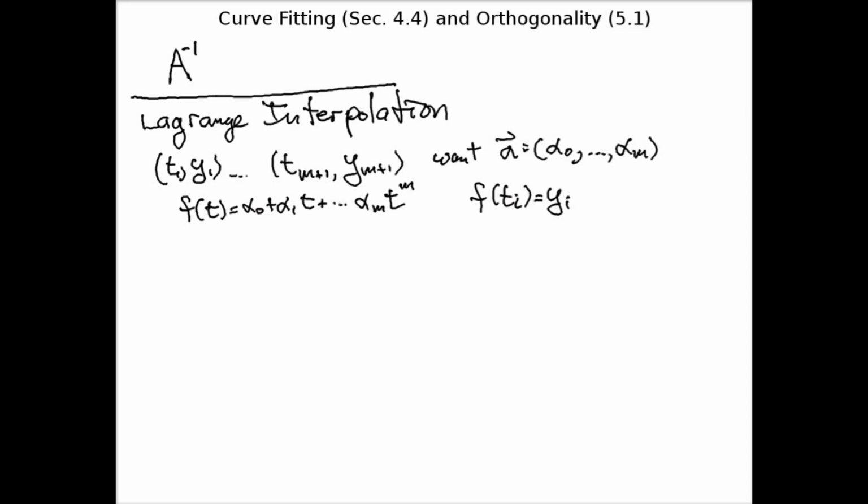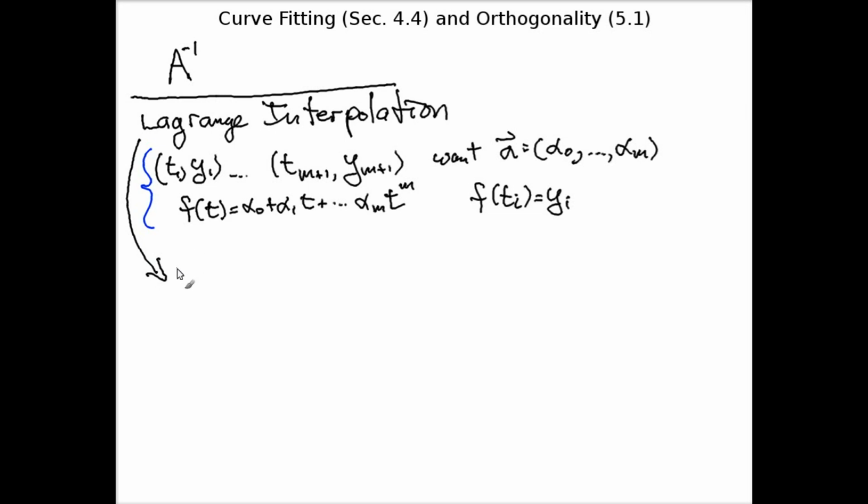That's just to remind you, that's the problem that we're interested in. And rather than solving it using the Vandermonde matrix, I'm going to solve it using the method of Lagrange interpolation. And it's a very clever trick, which goes as follows.